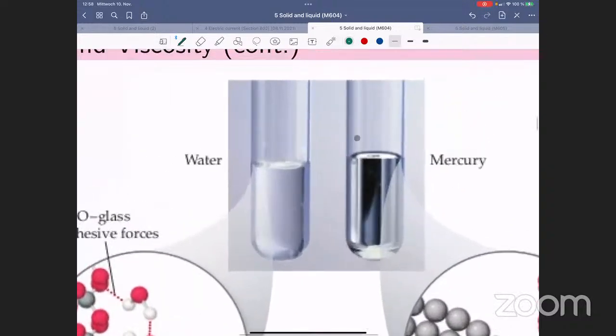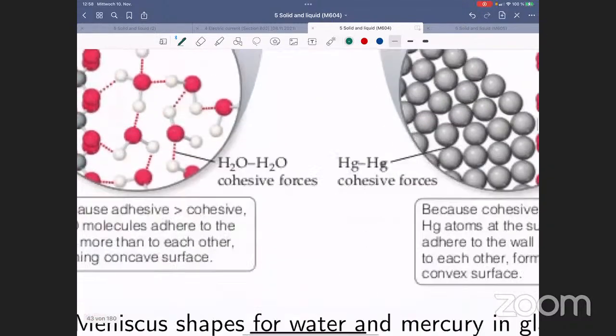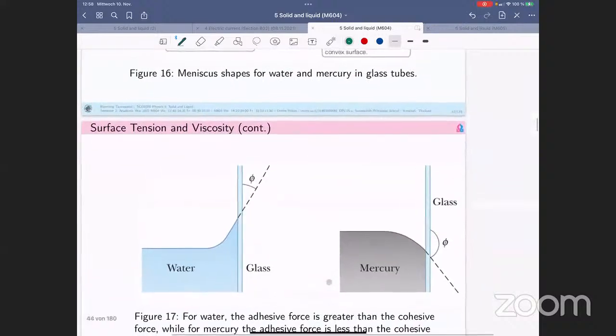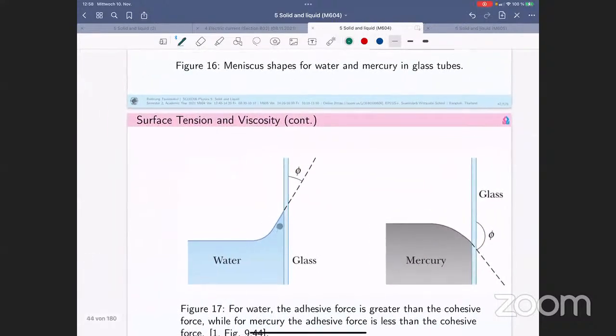If the figure is not clear enough, let's go ahead to the next one. Here is a clearer form of the effect of adhesive force and cohesive force. In the water case, the adhesive force, the attractive force between water and glass, is stronger, so they try to bring the water close to the glass up.